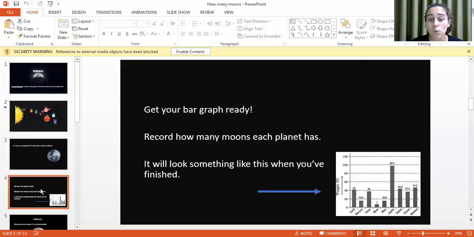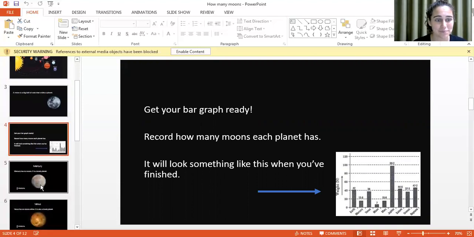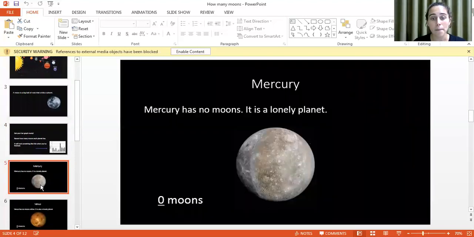So again, we are going to record the number of moons using our bar graph. Like I said, this one is much nicer than the one I was doing with you quickly in class today. So it's going to look much prettier when you do it at home. So the first, Mercury, our first planet closest to the sun.